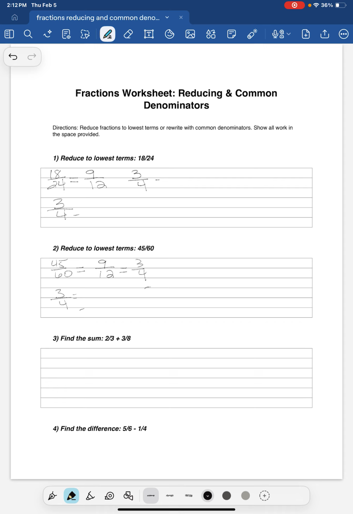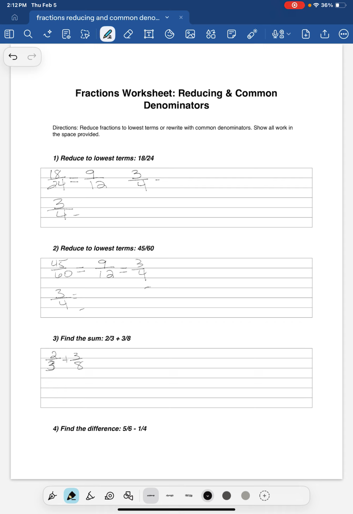Now we are going to look at finding a common denominator, because you see we are dealing with fractions, 2/3 plus 3/8, that we're meant to add together, and they do not have a common denominator. So you have to figure out what multiple to use to get them to numbers that match.